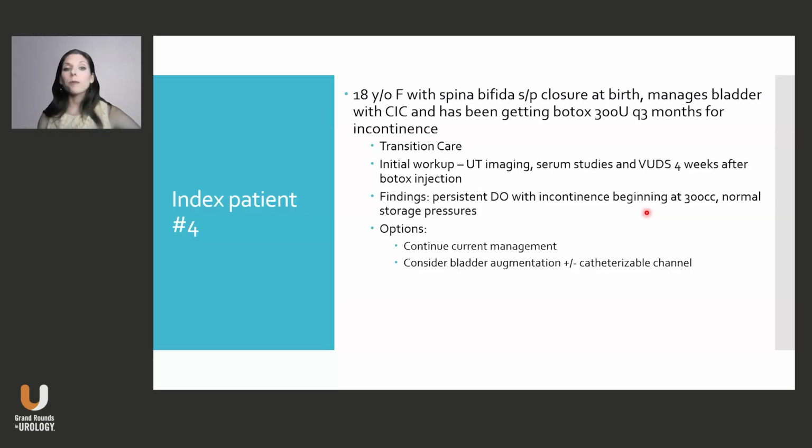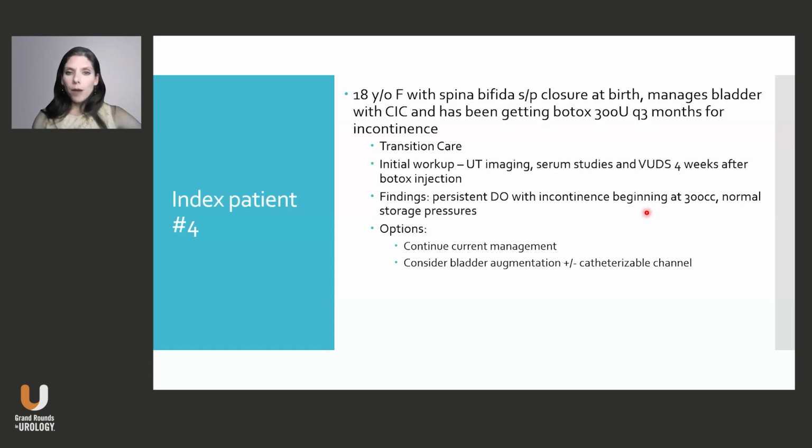If she is not super bothered by the fact that she has this incontinence and that she has to get Botox every 3 months, we can continue what she's doing and just monitor with our upper tract surveillance and in our regular reevaluations. We can also consider bladder augmentation in a catheterizable channel if she's bothered by having to get Botox so frequently, if she's bothered by the fact that she's still incontinent, that can be an option.